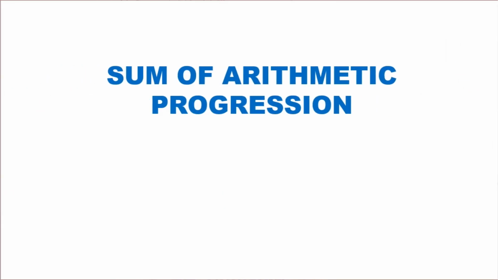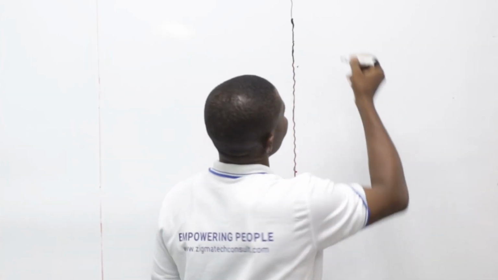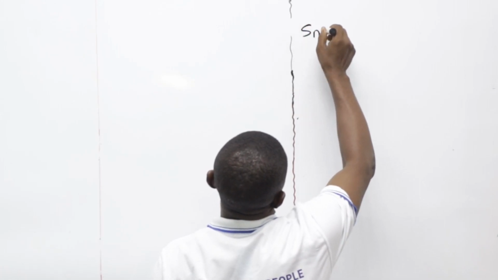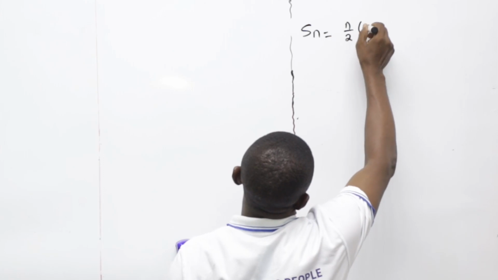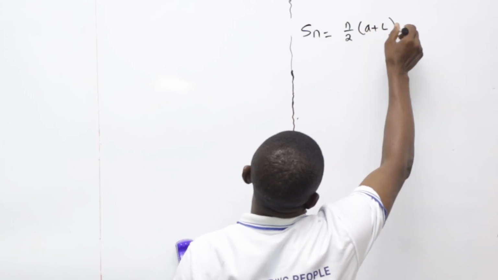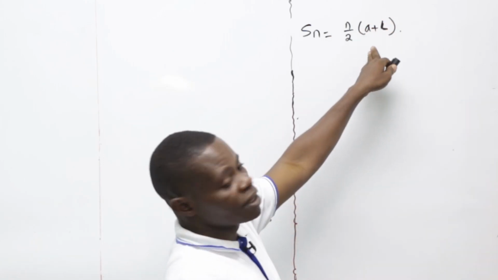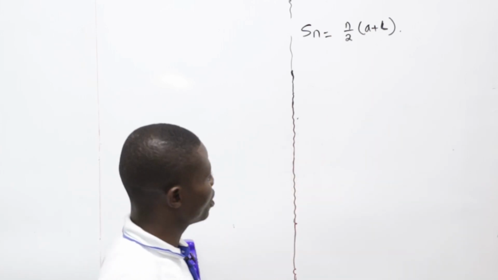Sum of arithmetic progression. Now we are talking about the sum of an AP. The sum of a given AP is generated this way. We have two formulas for it, whereby Sn equals n all over 2 bracket A plus L, where L represents the last term.